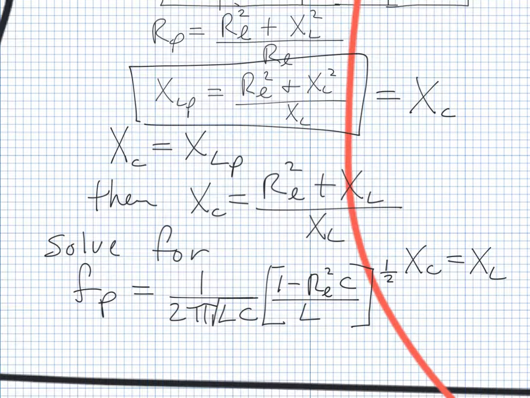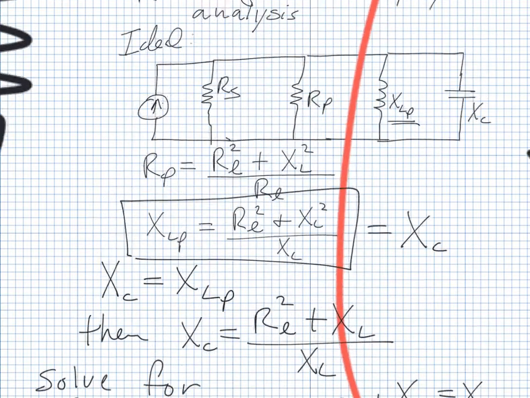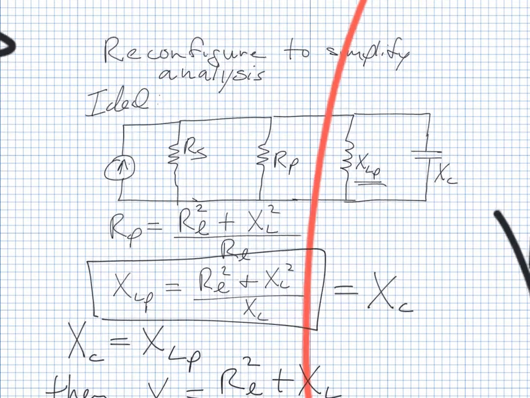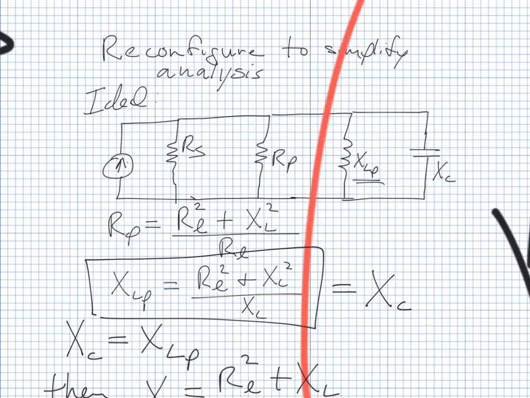In addition, by looking at this circuit, we could see that the series resistance is in parallel with the parallel RP resistance, which is in parallel with the inductor, which is in parallel with the capacitor.